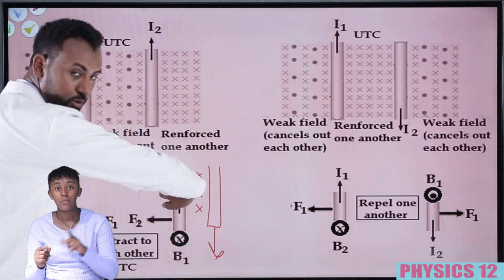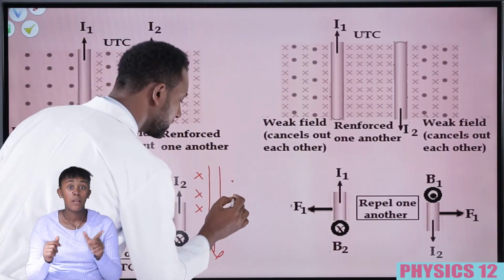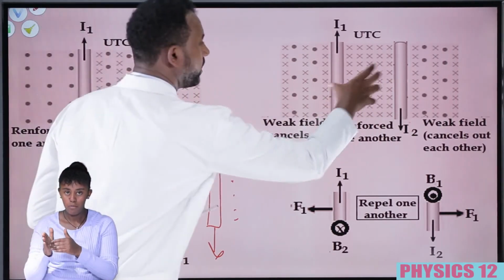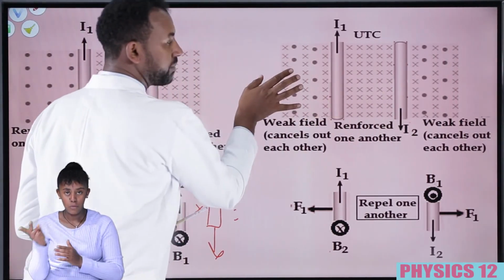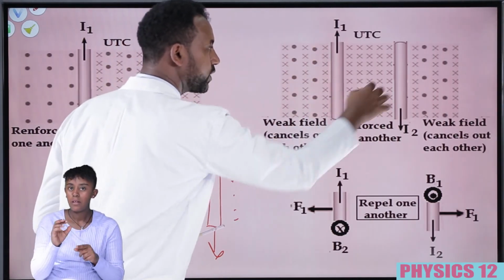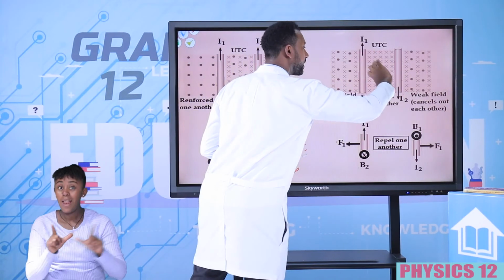To the left side is into the page, and to the right side is out of the page. When you combine these two, there is a magnetic field to the right side of wire 1 into the page, and to the left side of wire 1 as well into the page.